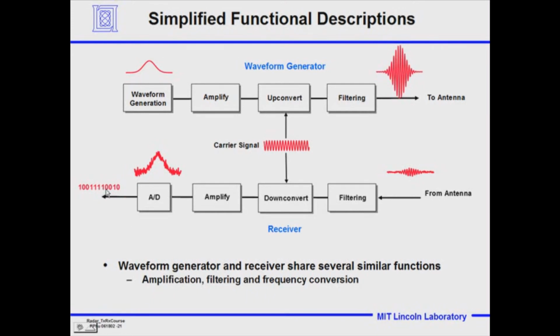Each different sample is a bunch of ones and zeros, a digital number that tells us how big the echo is at each sample. Okay? So that's the function of what we're doing.